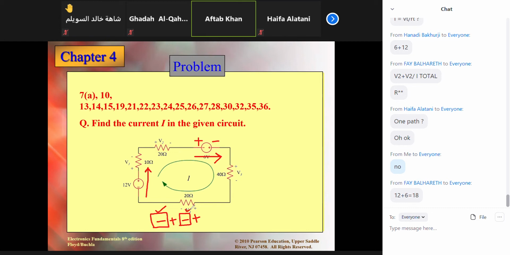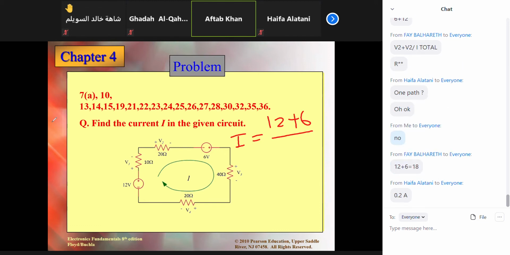Also here you can apply KVL. Do you remember KVL, Kirchhoff voltage law? Yes, the answer is correct this way: 12 plus 6 over the sum of all the resistances. I can say I is equal to 12 plus 6 over the resistances, which is 30 and 60, which is 90.